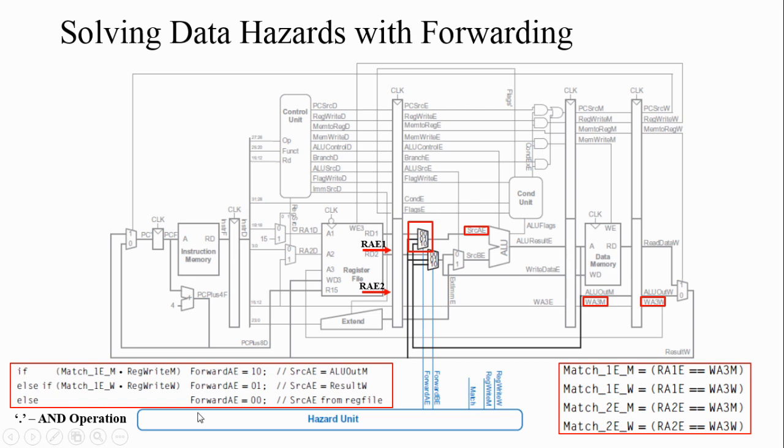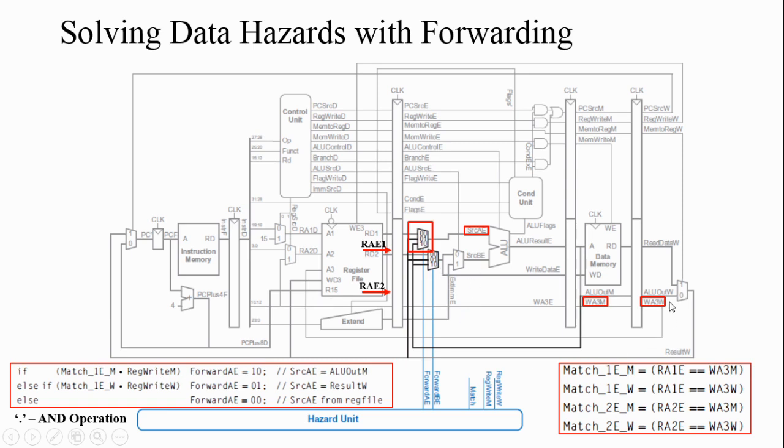Similar things are there for source B, right? For source A input generation you are taking 1EM and 1EW, but for source B generation you should take 2EM and 2EW. So you can modify this equation by taking match 2EM and RegWriteM.